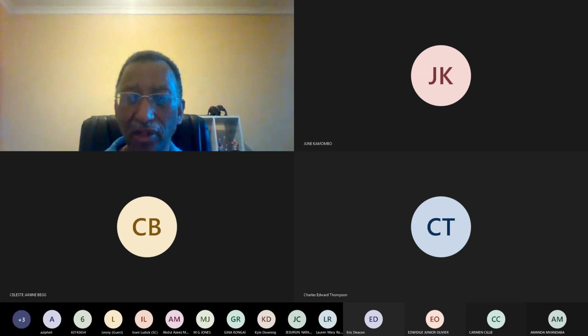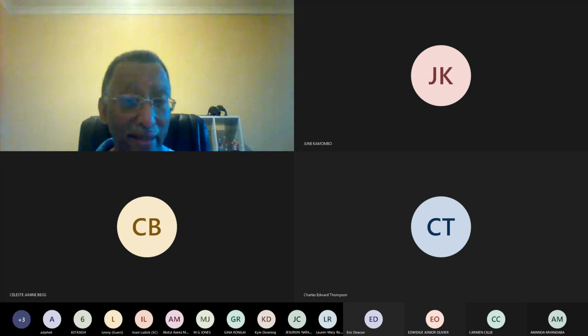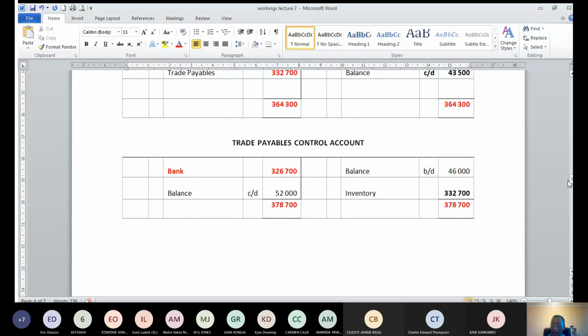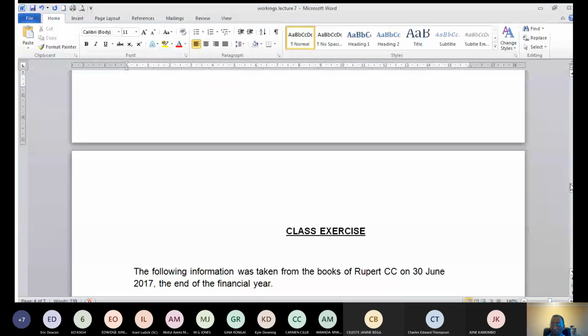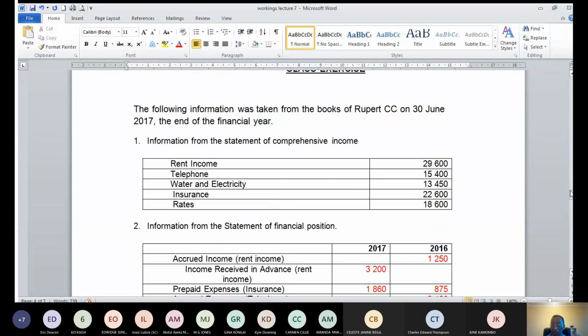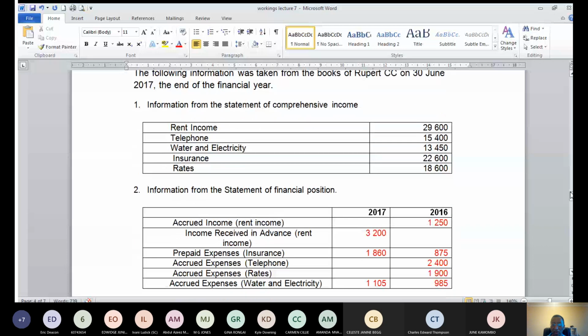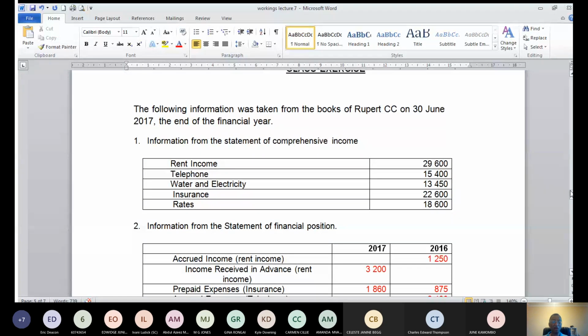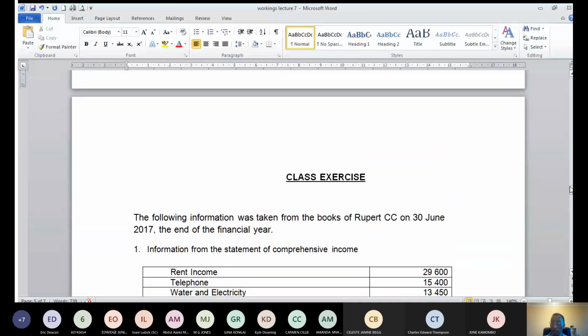So besides our trade payables, we may also have other expenses. The other expenses that we may have, you will get all of that in your statement of profit and loss and other comprehensive income.